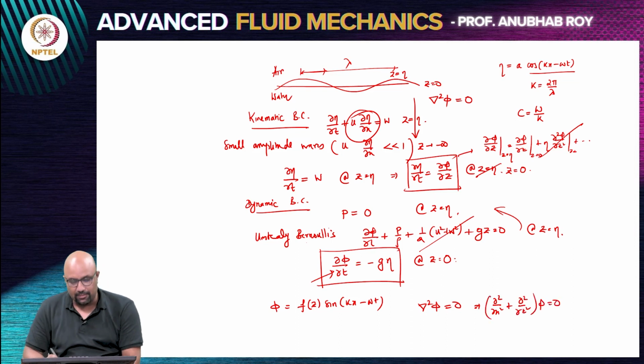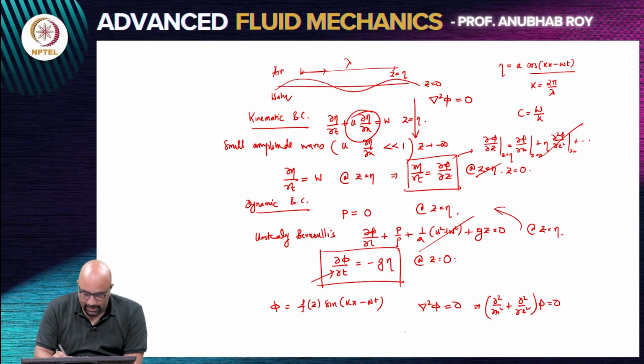Phi is equal to 0. So if you plug it in, you will get d square f dz square into sine kx minus omega t, minus, sorry, the first one is x.